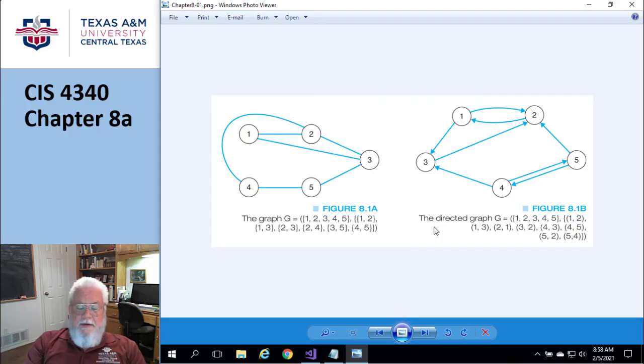Connected. Connected means there is a way that I can get to every single node from some starting location. Okay, so if I started at 1 over here, could I get to absolutely every single node? No. But what if I started at 4? If I start at 4, can I get to every single node?